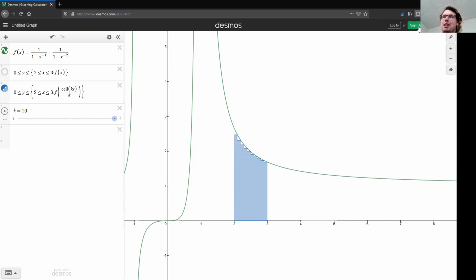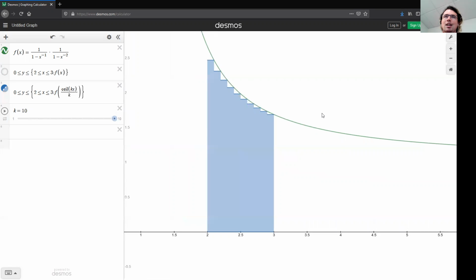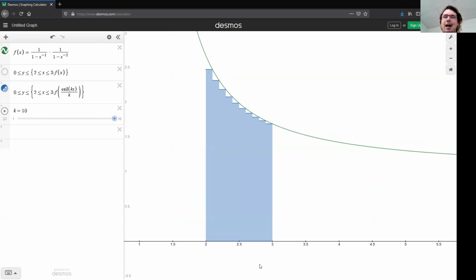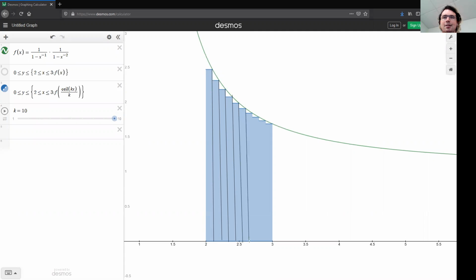And Desmos is not doing me any favors because Desmos has not drawn the boundaries of these rectangles, just leaving it to imagination. So in my Zoom window, I can annotate here and just put in those vertical lines that Desmos decided that we do not need. And forgive me if they're not completely straight. I've never been too good about that kind of stuff.